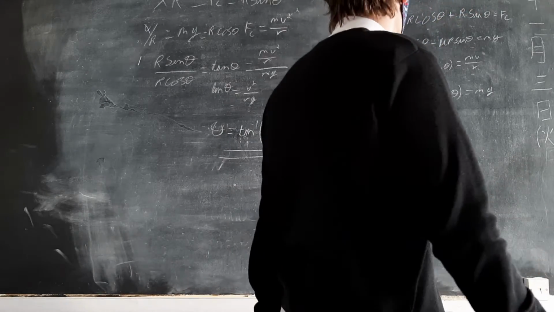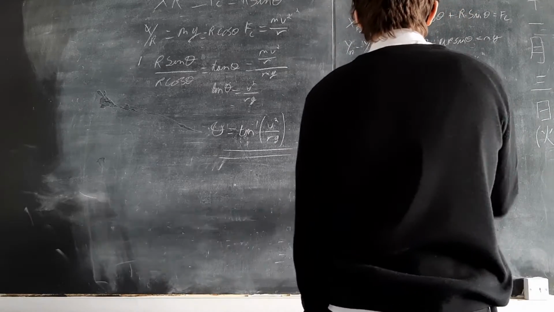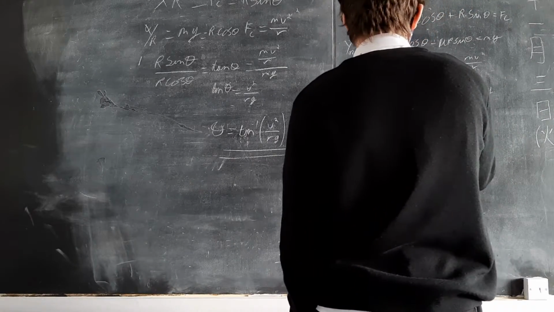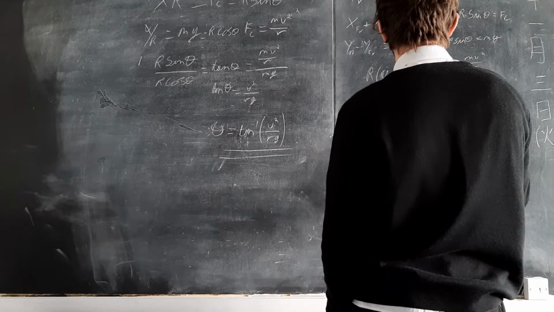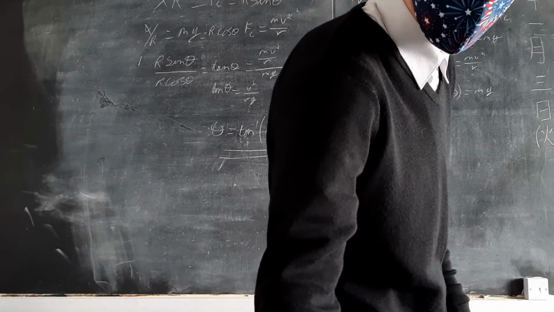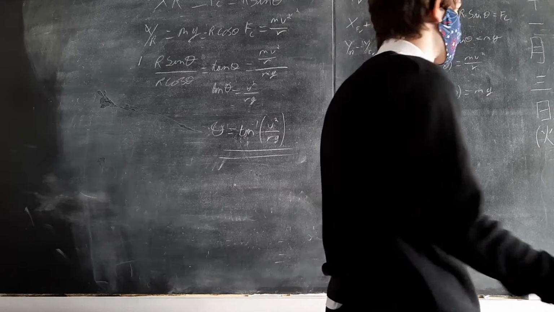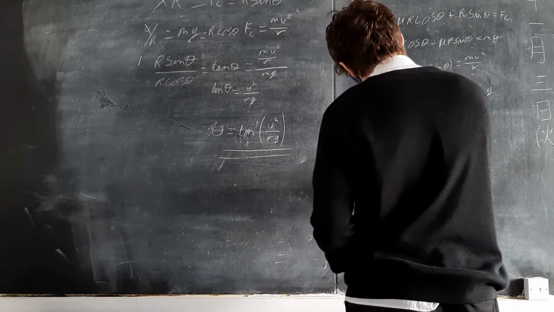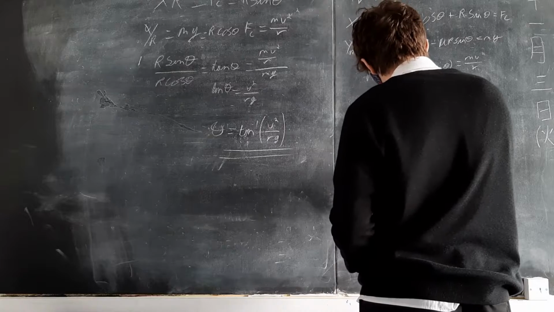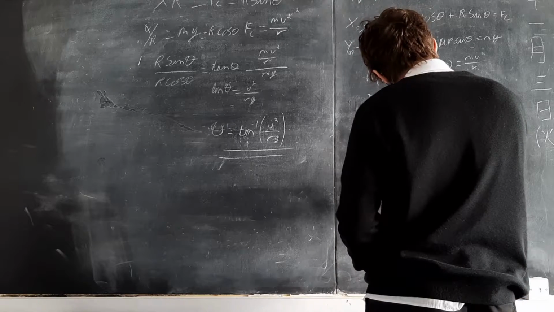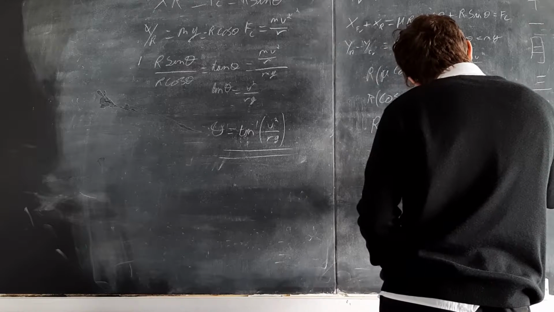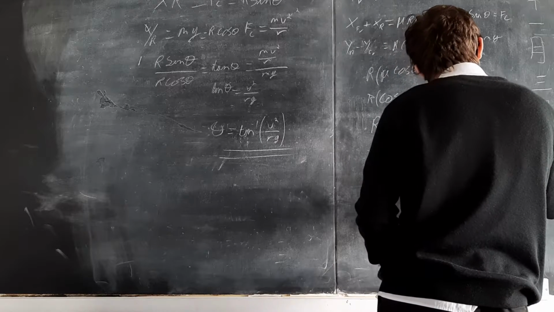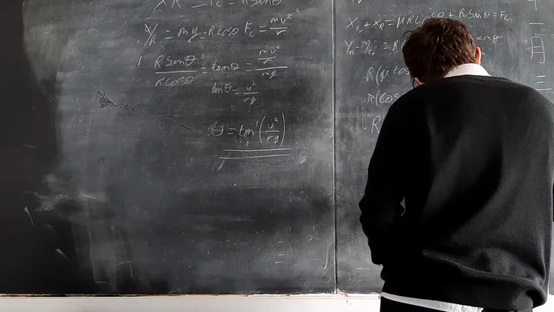Yeah, and then we can divide them again. Dividing will cancel these, and you get mu cos theta over, you cancel the R's, V squared over R over mg.